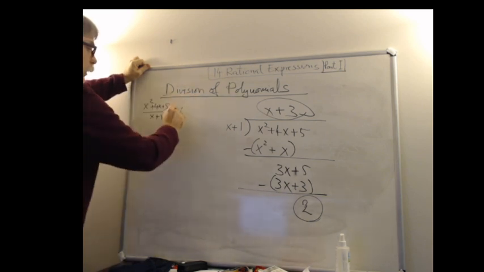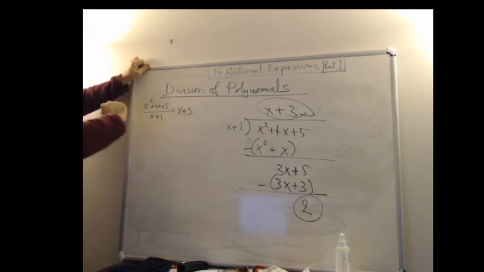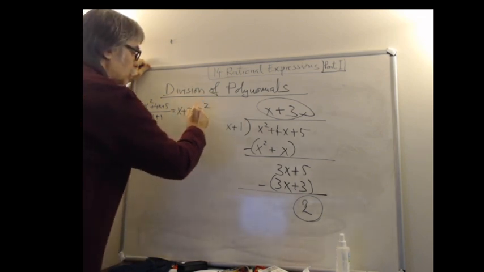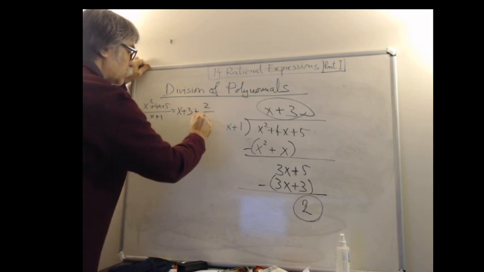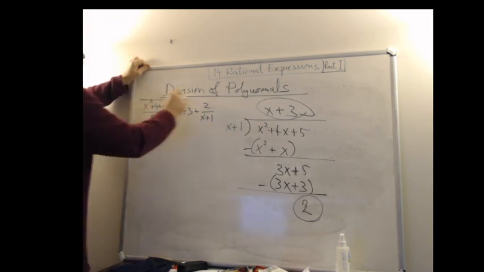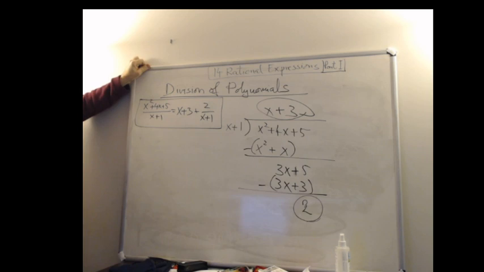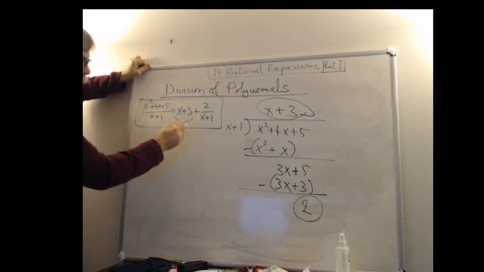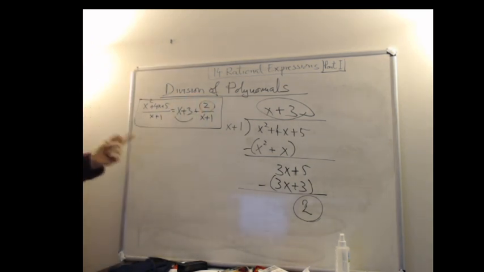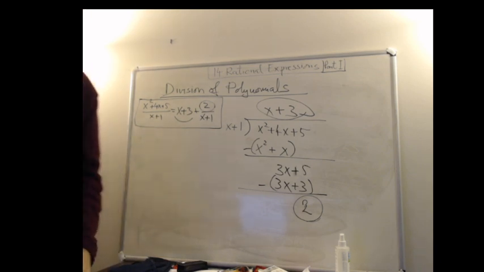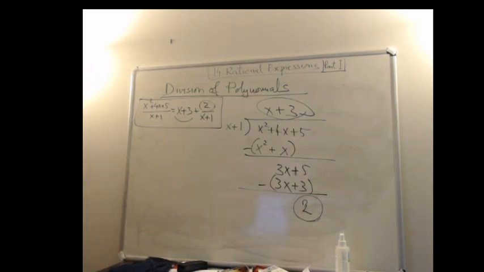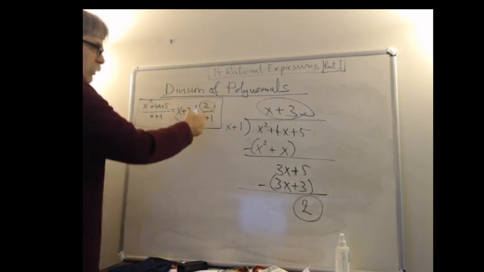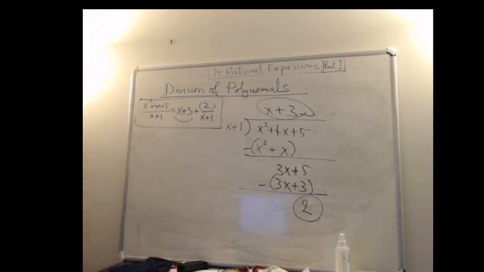I have x plus 3 plus 2 over x plus 1. That's the result of a division. This is the quotient. This is a remainder. Remainder is left over that you could not divide any further. Remains undivided.